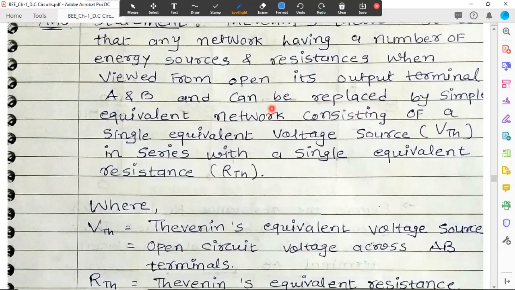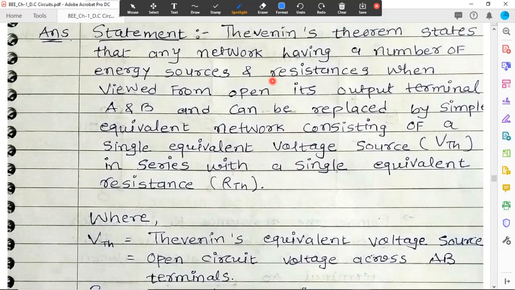See here, in Norton's equivalent network, we find the short circuit current and draw the Norton's network by connecting the short circuit current source in parallel with the resistance. Here in the case of Thevenin's theorem, we have to find the equivalent voltage source, Thevenin's voltage source, in series with equivalent resistance RTH.